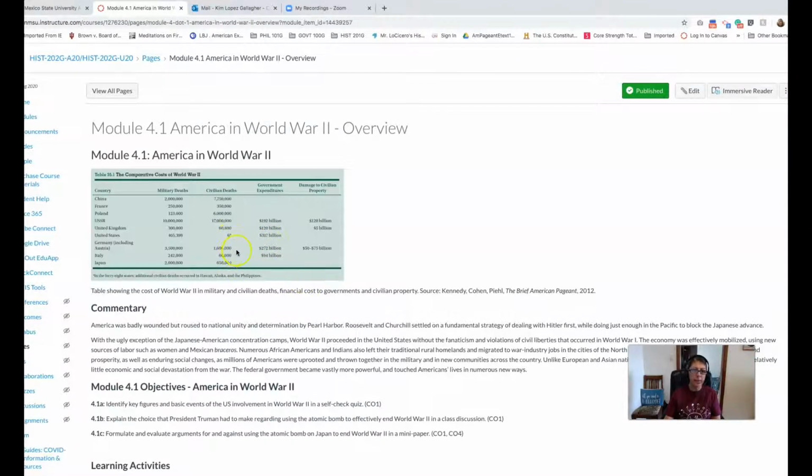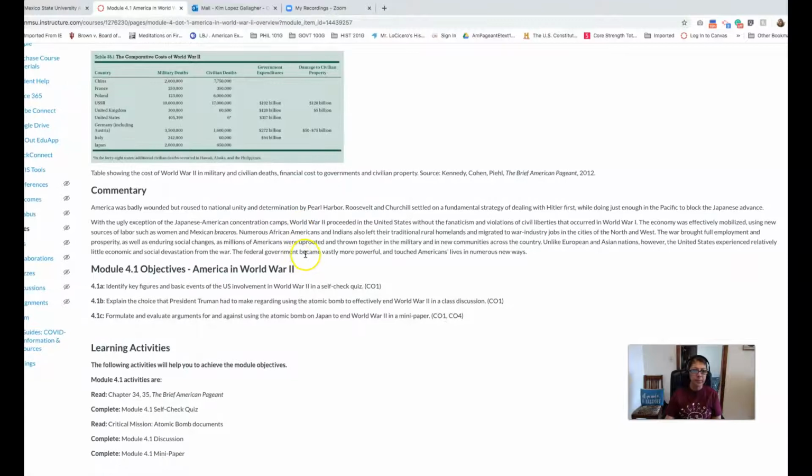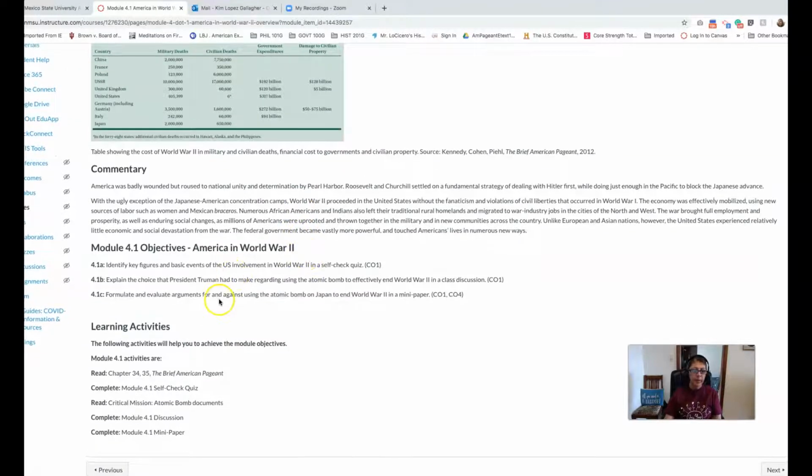It also has the financial cost, which is interesting to look at. Our objectives are to identify key figures and basic events of U.S. involvement in World War II in a quiz, and to formulate and evaluate arguments for and against using the atomic bomb on Japan to end World War II in a mini paper. There is no class discussion.